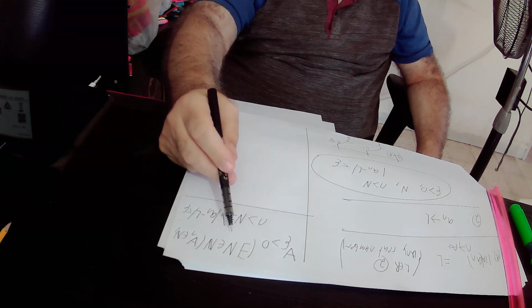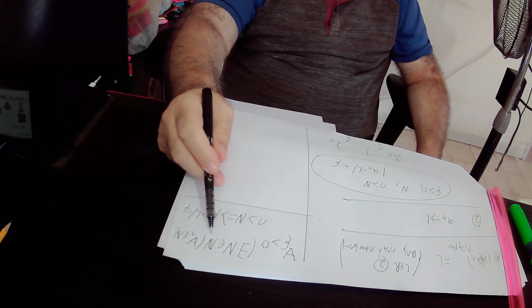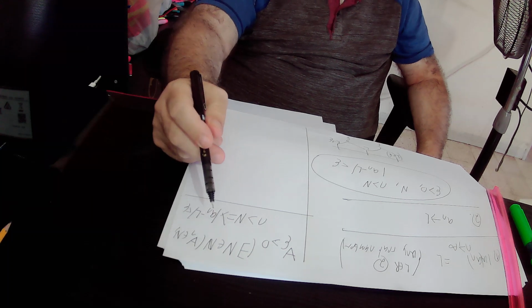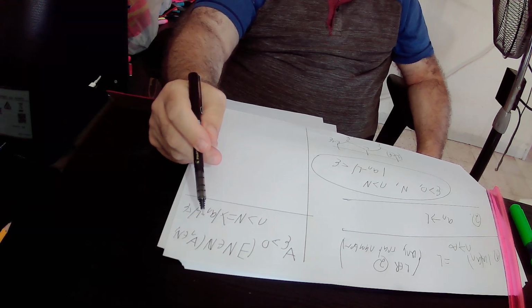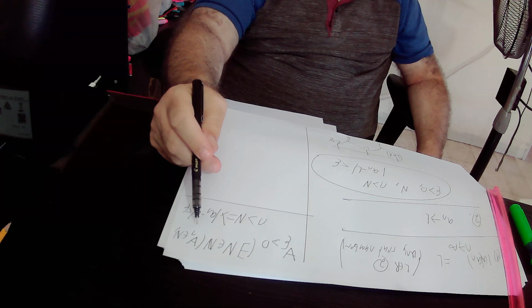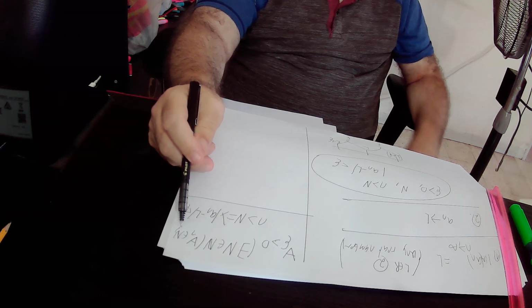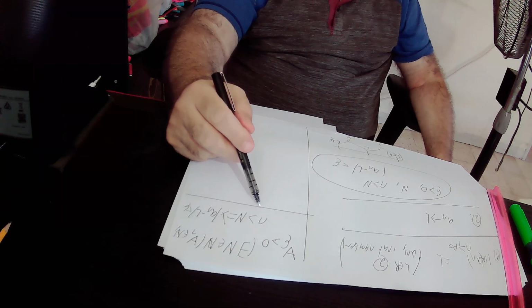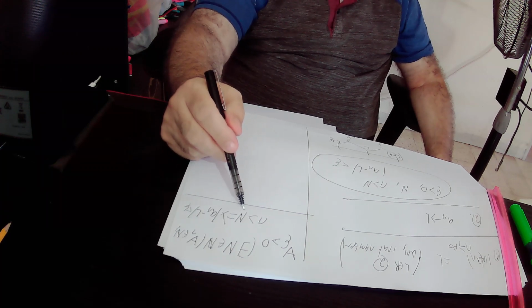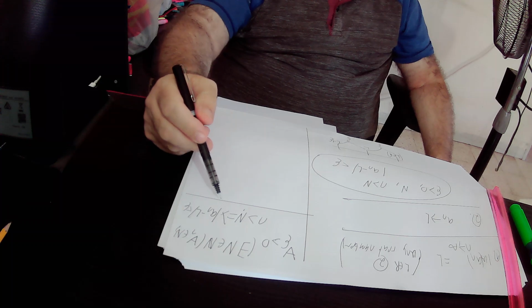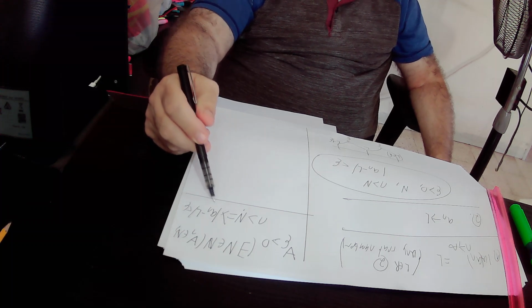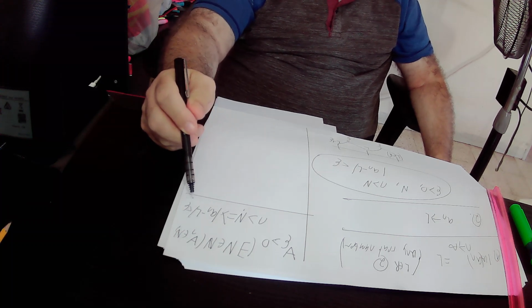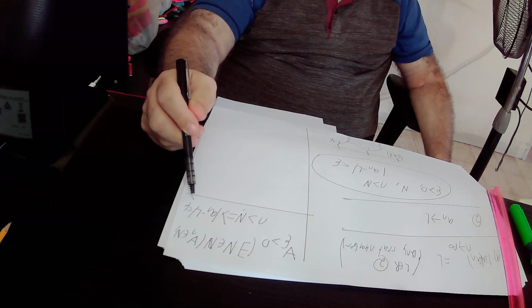There exists capital N that belongs to the natural numbers, and for every n greater than capital N, the absolute value of AN minus L is less than epsilon.